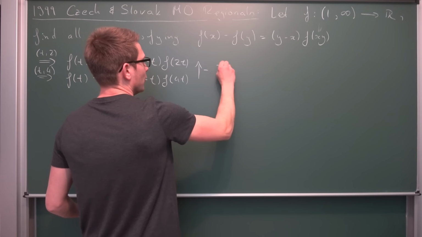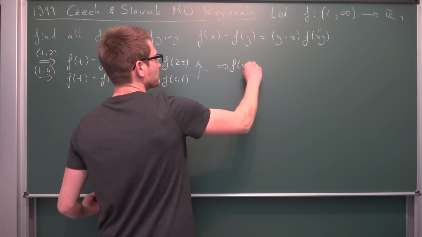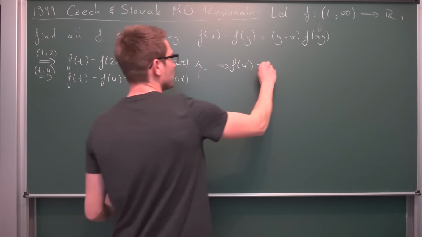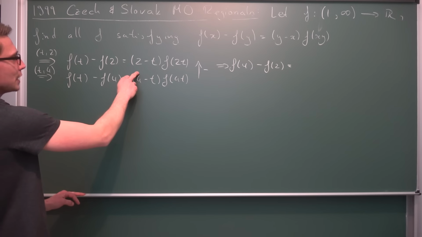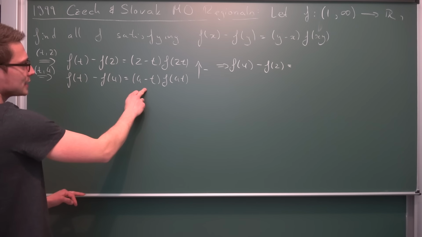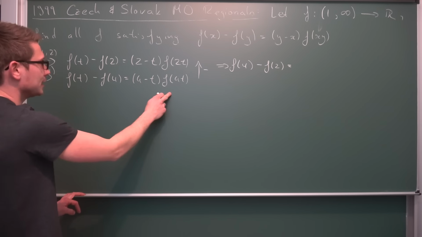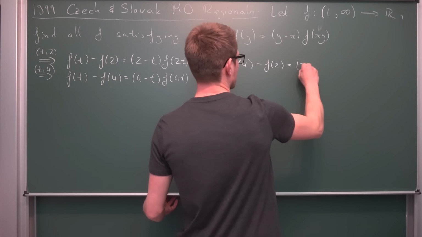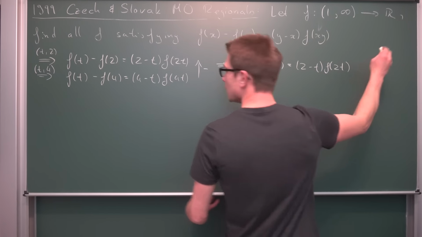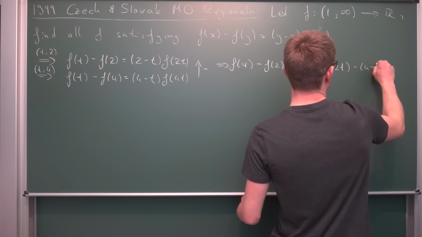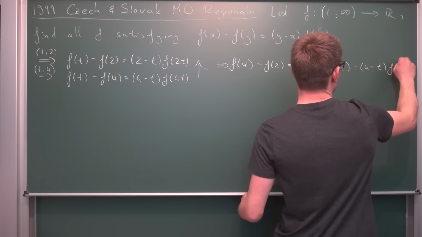Then we are going to have f of 4 minus f of 2 is equal to, okay, in this case we're going to get a negative sign here, so meaning we are going to get 2 minus t times f of 2t, and then minus 4 minus t times f of 4t.